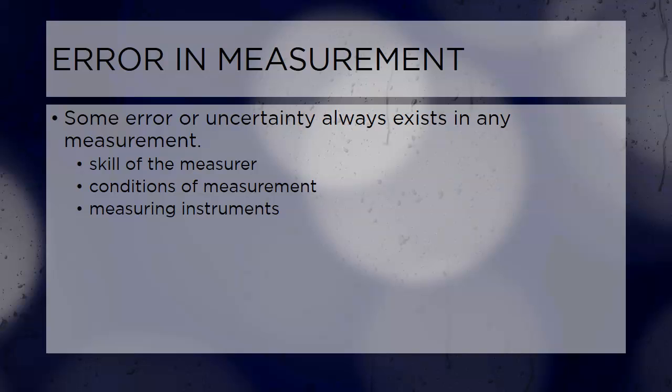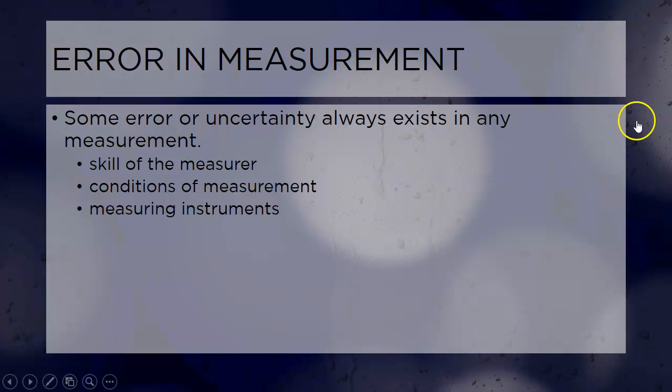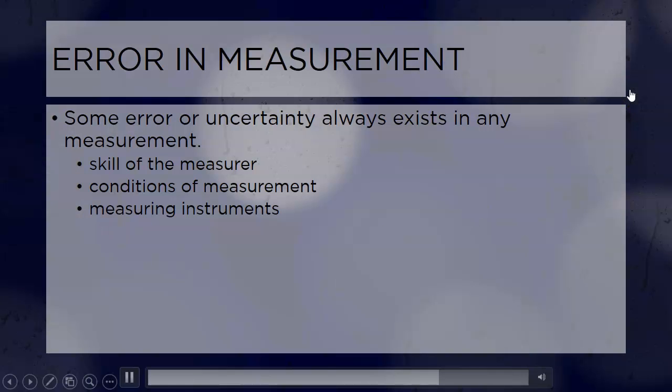So these are all things that when you're doing your lab reports, you want to make sure you're aware of when you're talking about sources of error in your analysis. There could also be, if we're dealing with chemicals, if the chemical is not very pure to start with, and you're assuming it is, it's going to affect your calculations down the road.